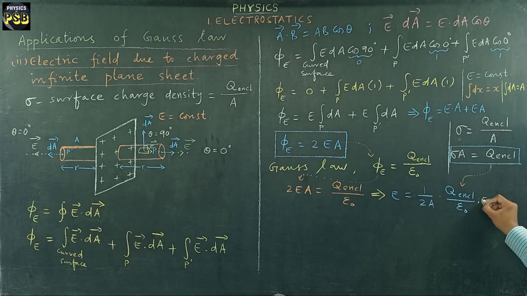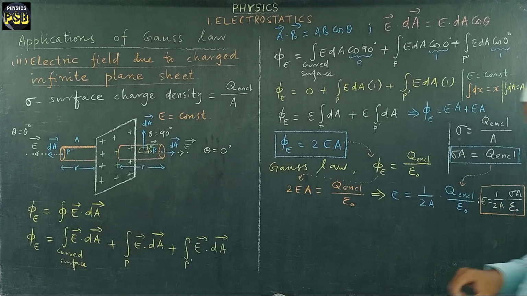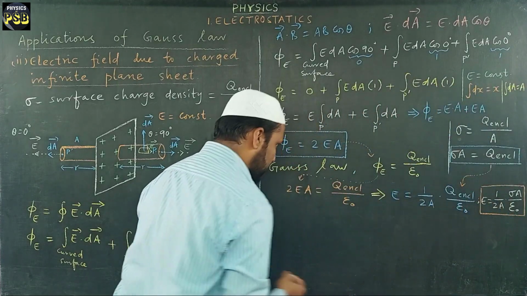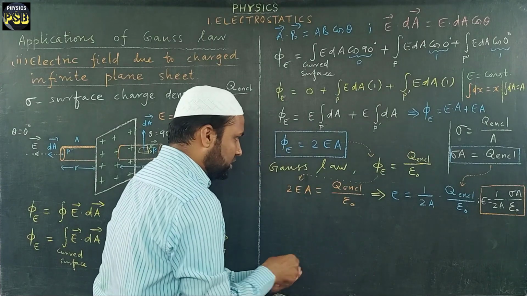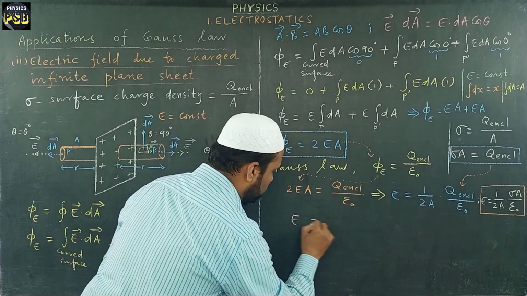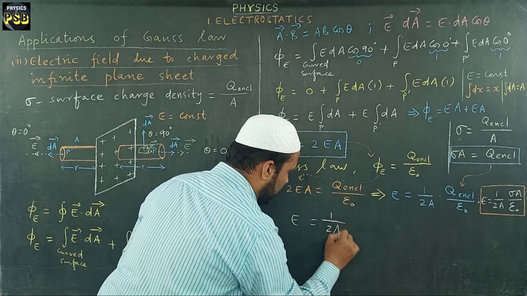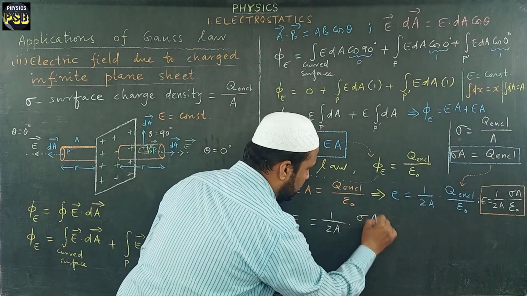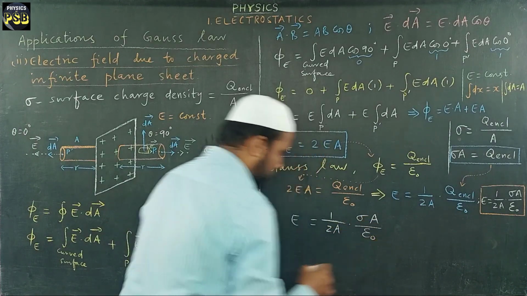E equals 1 upon 2A times sigma A divided by epsilon naught. I box this. I rewrite it as E equals 1 by 2A into sigma A upon epsilon naught.